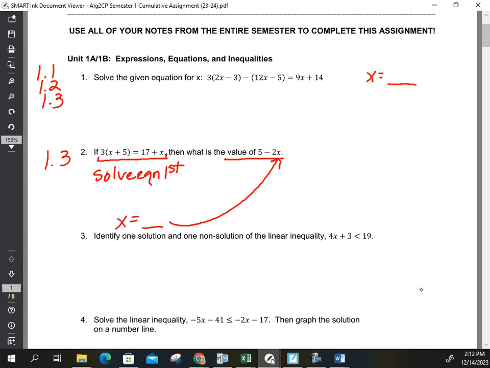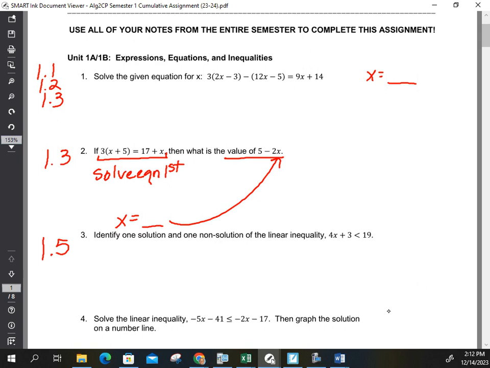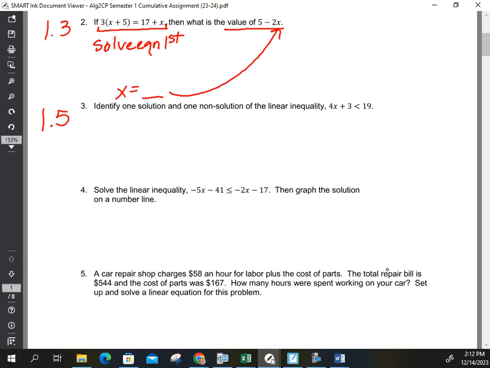All right. Problem 3. Identify one solution and one non-solution of the linear inequality. One solution, one non-solution. So that means, this comes from section 1.5. Actually, take that back. That's 1.6.